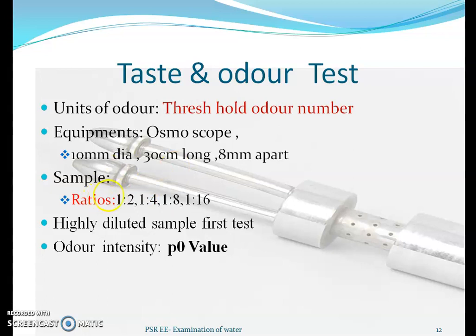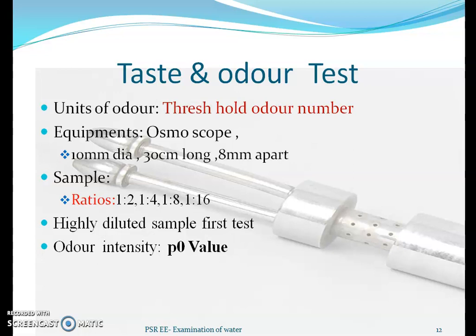We have to prepare the sample for testing. We have to prepare the samples at 1:2, 1:4, 1:8 and 1:16 ratios. The highest diluted sample is tested first, because it is going to have a threshold odor, which is the first that can be detected, and that is the standard.